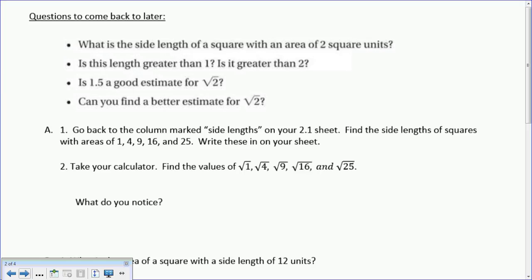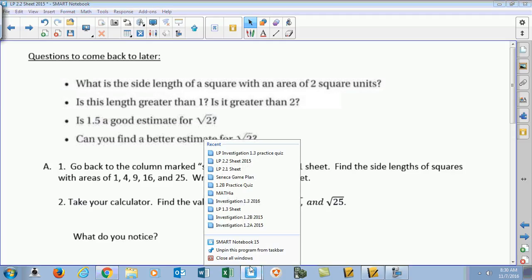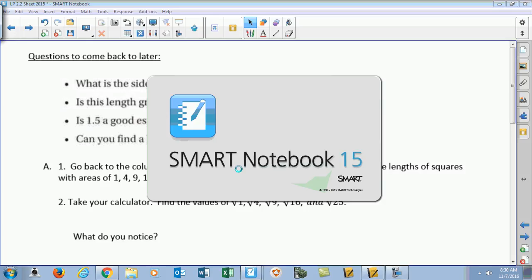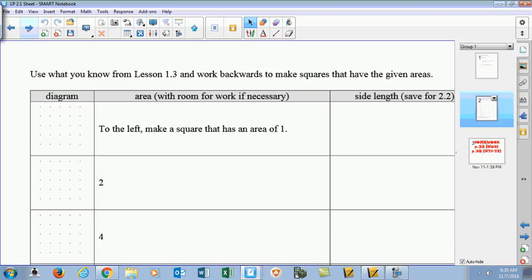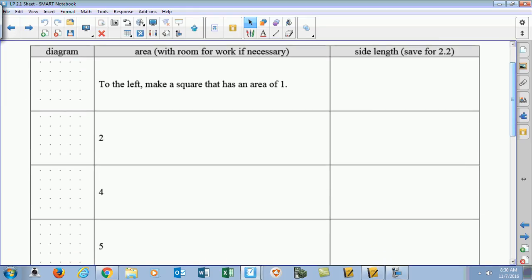So let's do this. We're going to bring up that 2.1 worksheet. Hopefully you have it in your notes, not in your locker. Let's let it come up here for a second. If you remember, in this column, this had the area of 1.